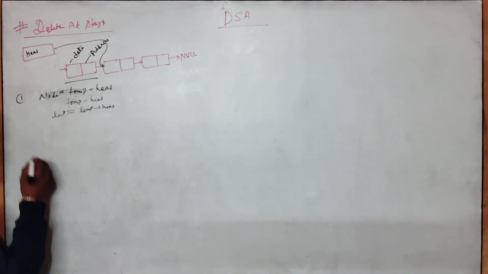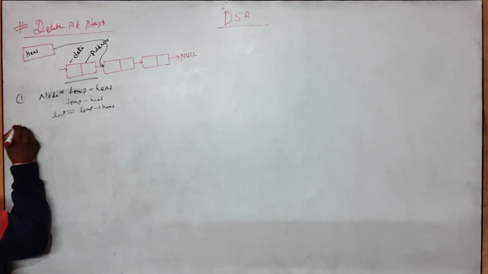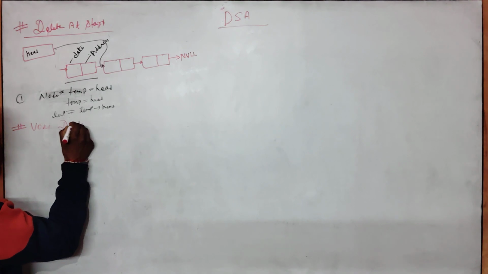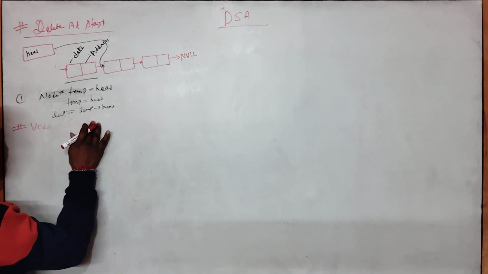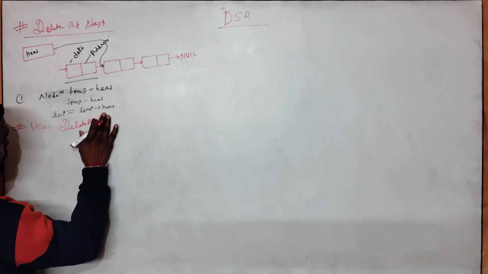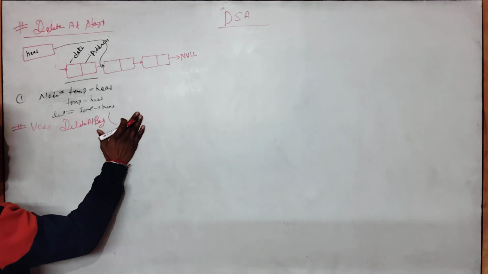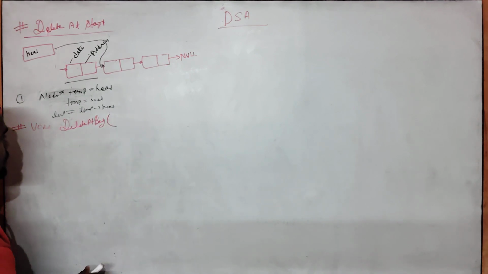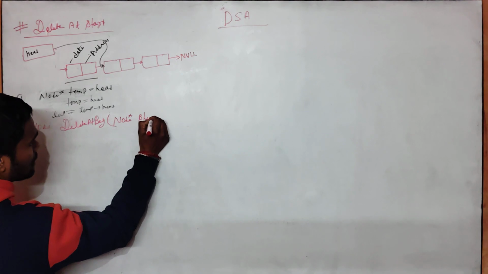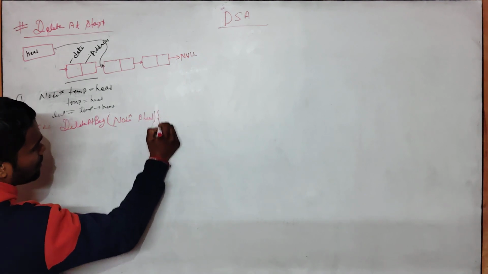First I am writing one function, void deletion at the beginning, with the parameter node ampersand head.